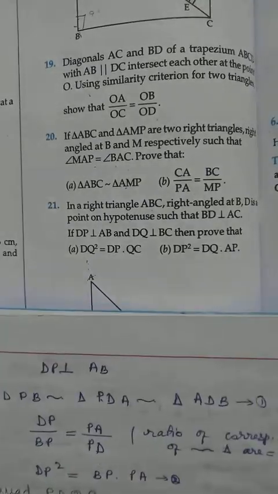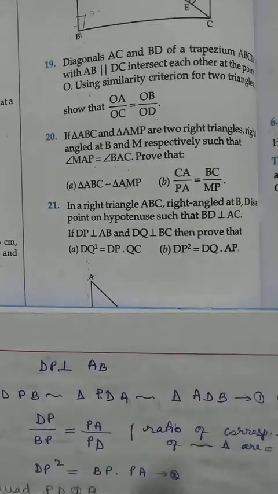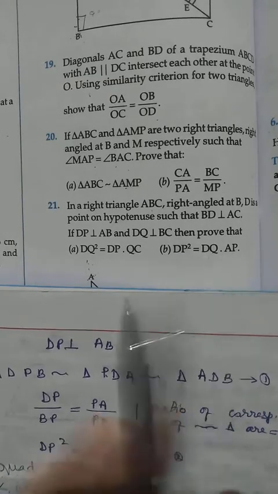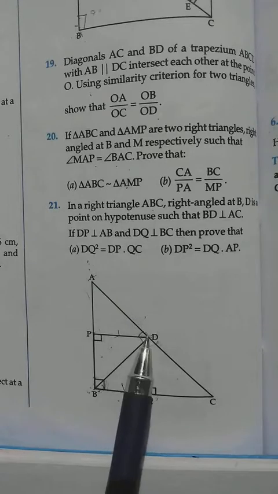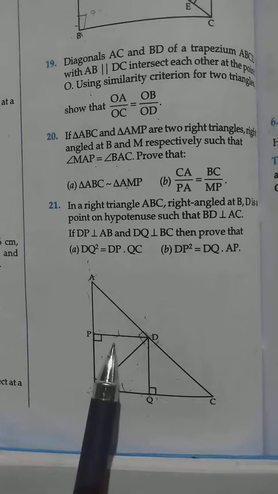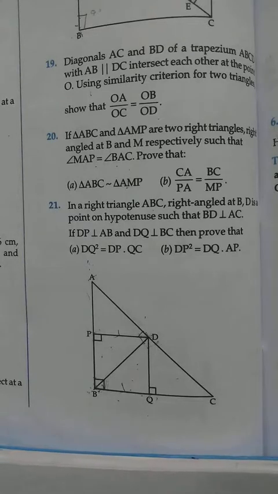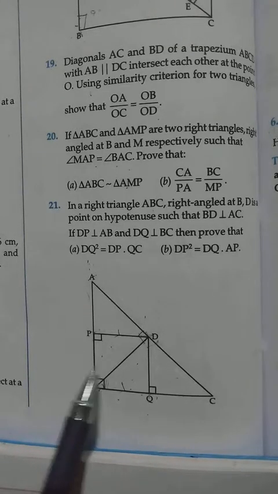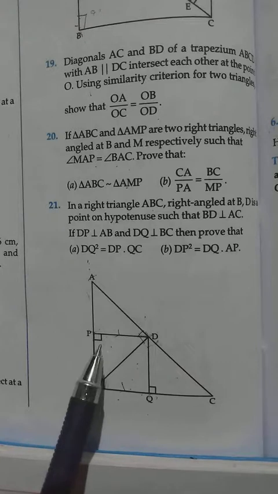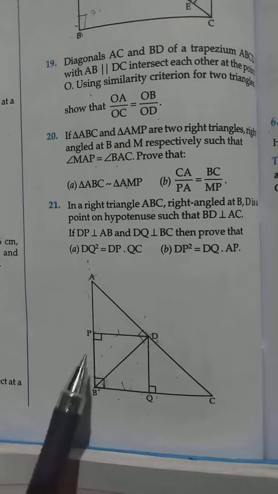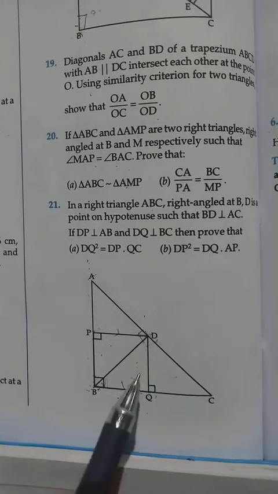But if you see here, we get BP here, but we don't want BP, we want DQ. So that is why we have to first prove something related between DP and this BP. Okay, we have BP, but the question wants DQ.